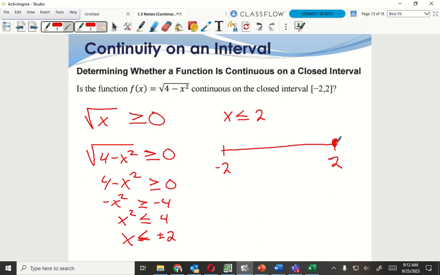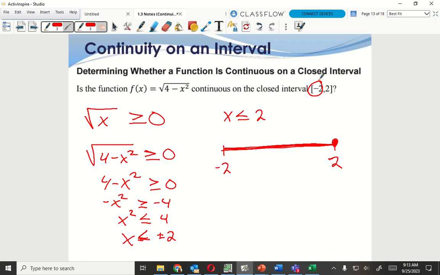It says x has to be less than or equal to 2, so that means that it should be everything inside here, shouldn't it? Okay, that looks like it's true. And it looks like it goes to 2 here. Now, let's go ahead and take a look at the next part.